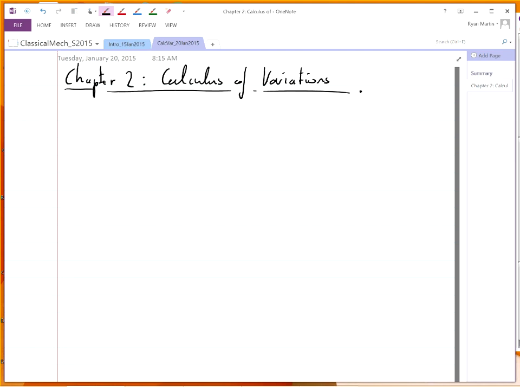So all of analytic mechanics is really based upon the mathematics of the calculus of variation. The goal of the calculus of variation is to study what we call stationary values of integrals.